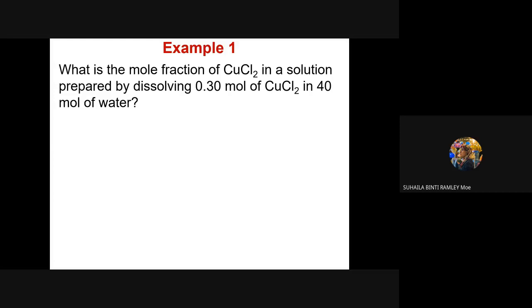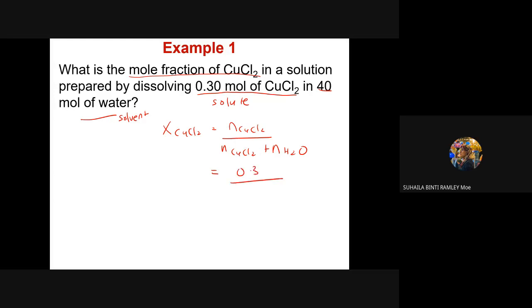For example, here again we have CuCl2 as solute, and this one is the solvent. Calculate the mole fraction of CuCl2: mole CuCl2 over mole CuCl2 plus mole water. So 0.3 over 0.3 plus 40.